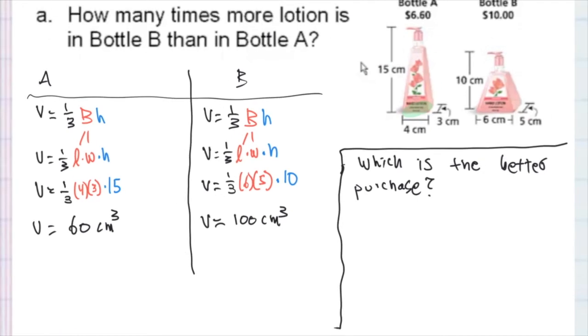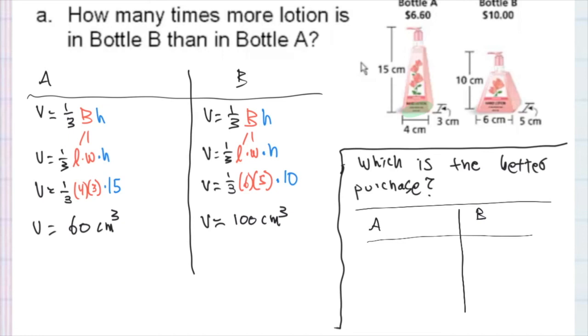For bottle A, again, we can still separate this. For bottle A and bottle B, the volume for A is 60 centimeters cubed, and the cost is $6.60. So let's make a ratio.